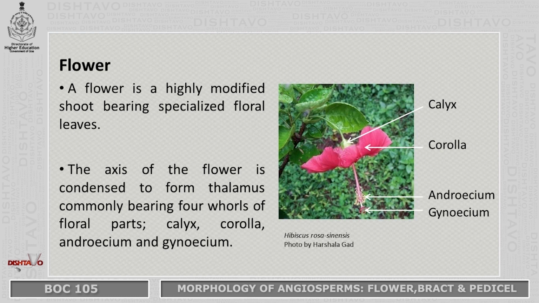In the picture, you can see the green colored part is labeled as calyx. The colored lobes of the flower are referred to as corolla, and the two reproductive organs: the one which produces the male gamete is called androecium, and the one responsible for formation of the female gamete is called gynoecium.